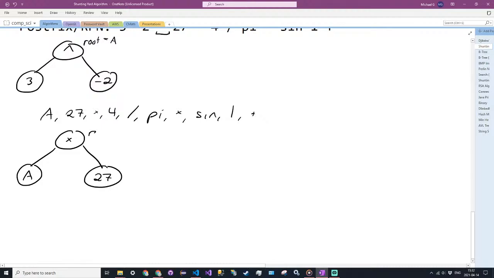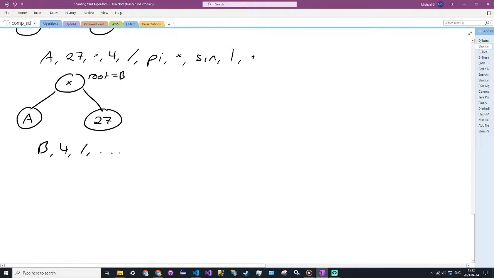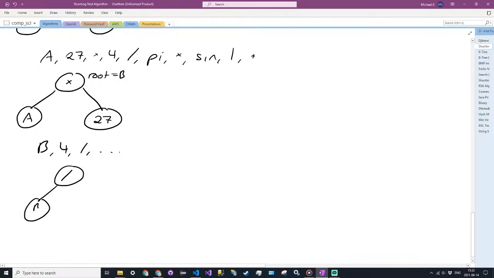So now the root is B. Then we have B, 4, division, dot, dot, dot. As before, we have our division as the root, and B and 4 are the children.